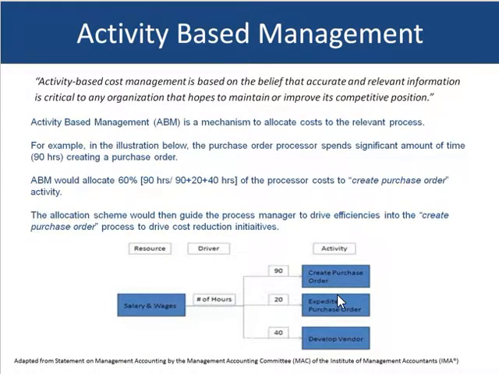Activity-based management is a combination of cost driver analysis and value chain analysis. What we are doing here is really associating specific activities that folks are doing to a particular cost.